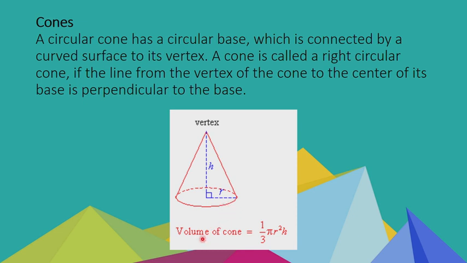Therefore the volume of the cone is equal to 1 by 3 pi r square h, sorry, so it is pi r square h. If you calculate this deeply, we can get the volume of the cone.